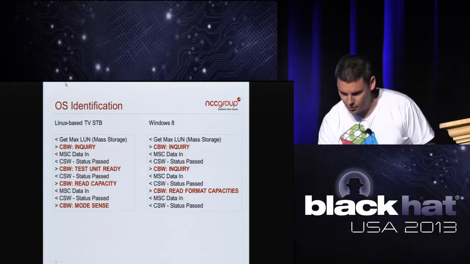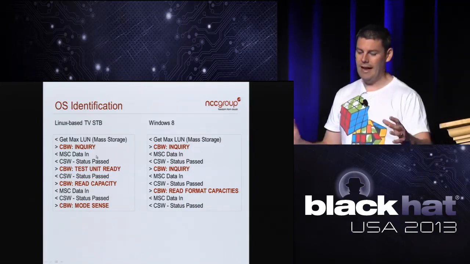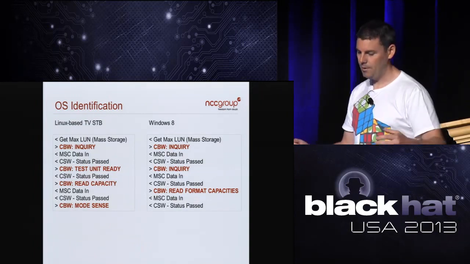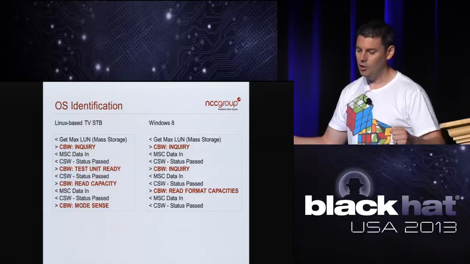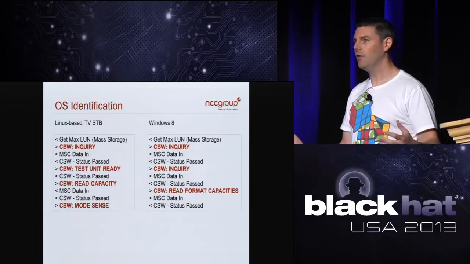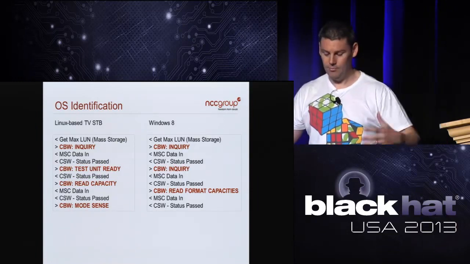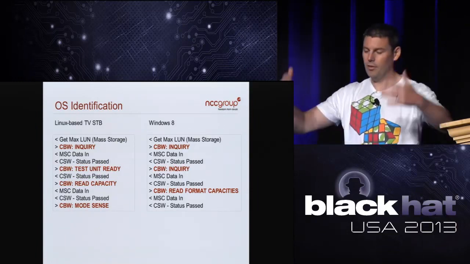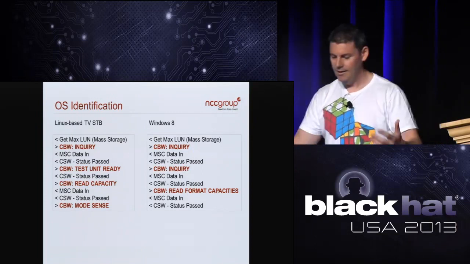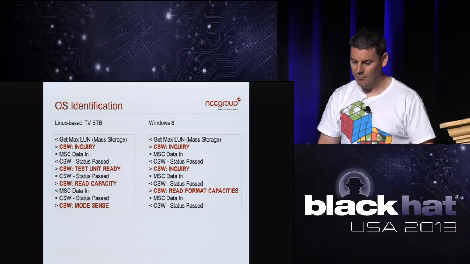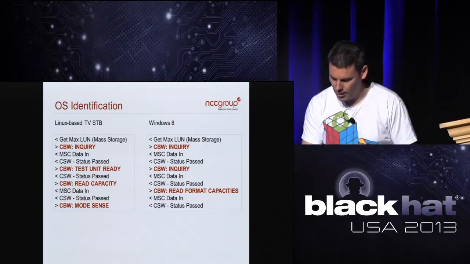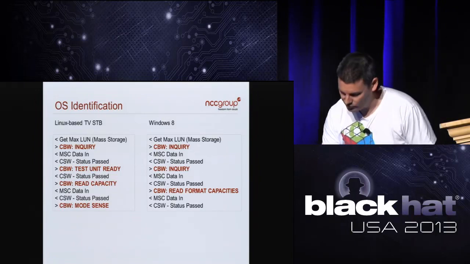So you can see straight away that different elements of the mass storage USB protocol are being used to identify information about the mass storage device before it can be used by the OS. So it's gone through enumeration, it knows it's a mass storage device, the mass storage class driver is then providing information. So you can immediately see there's a big difference in the way that those two host implementations deal with mass storage devices.